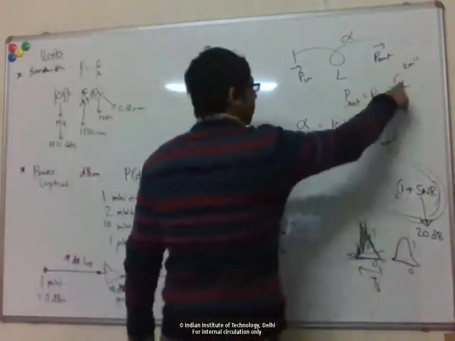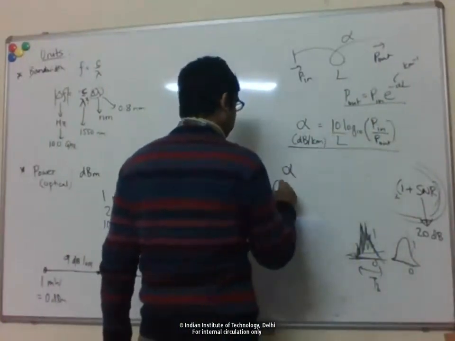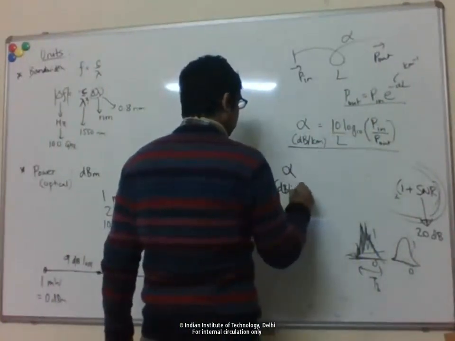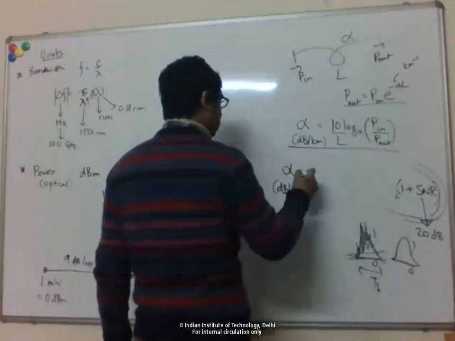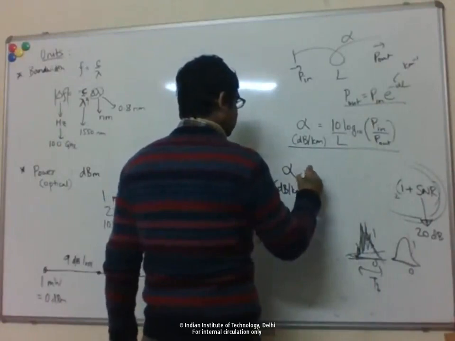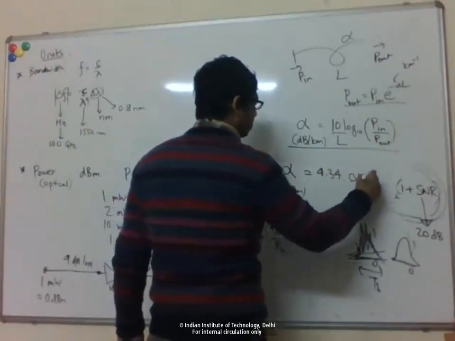If you put the numbers here, L will come out and cancel with this L, and then you'll have a log 10 of e to the alpha. So this comes out to be about 4.34 times the alpha in per kilometer.